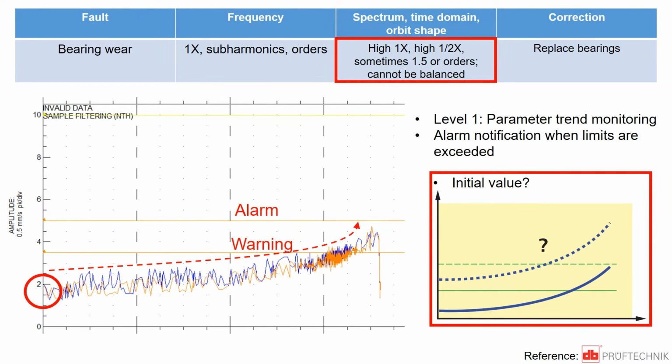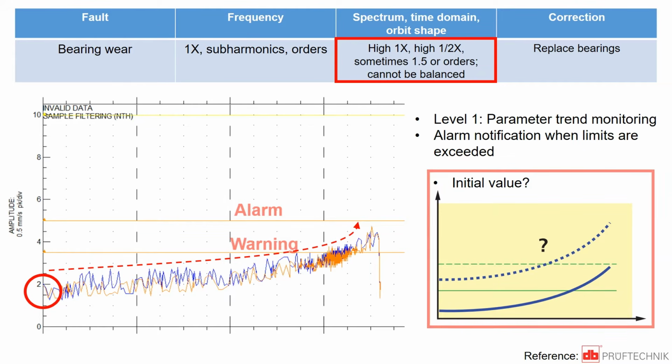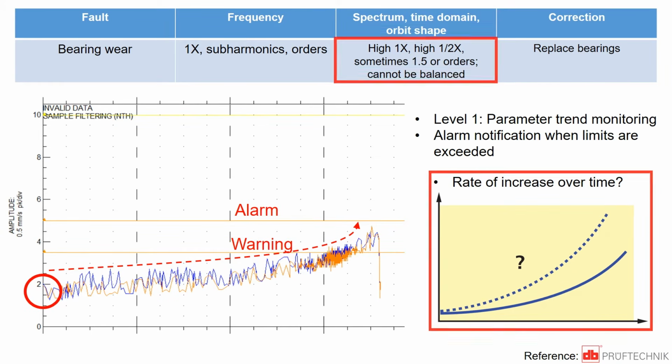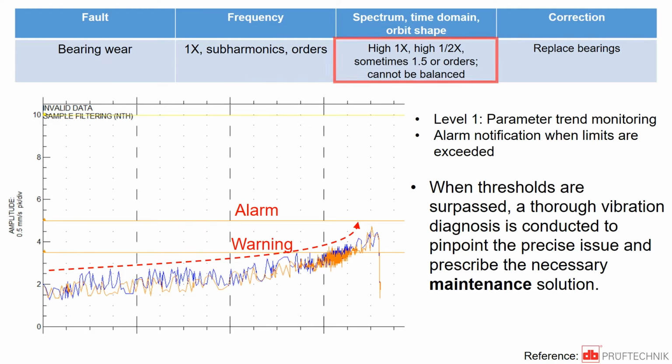To prevent failure, it is important to set the warning limit. And establishing initial values is crucial for setting limits such as alarms and warnings. And understanding the rate of increase in vibration is essential. When thresholds are surpassed, a comprehensive vibration analysis is conducted to pinpoint the precise issue and prescribe the maintenance solution.